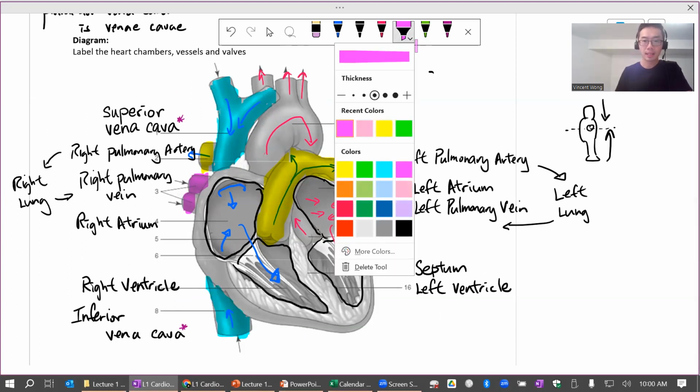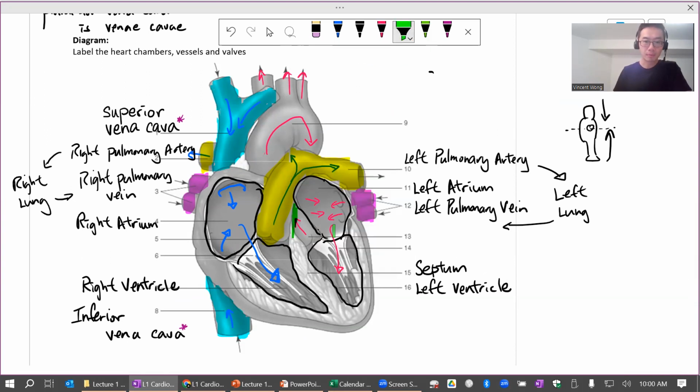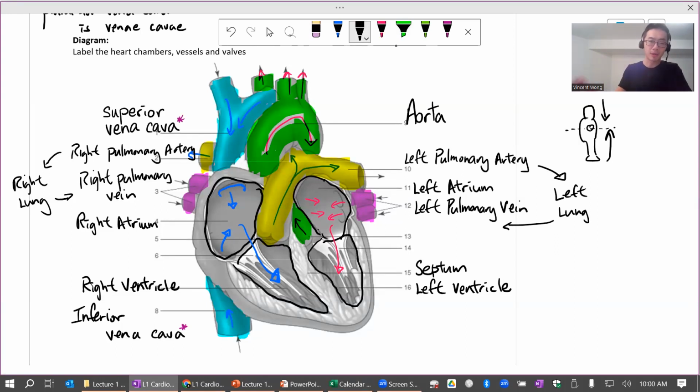And this is the biggest artery in the body. Okay, right there. That is the aorta. Biggest blood vessel in the body, biggest artery.